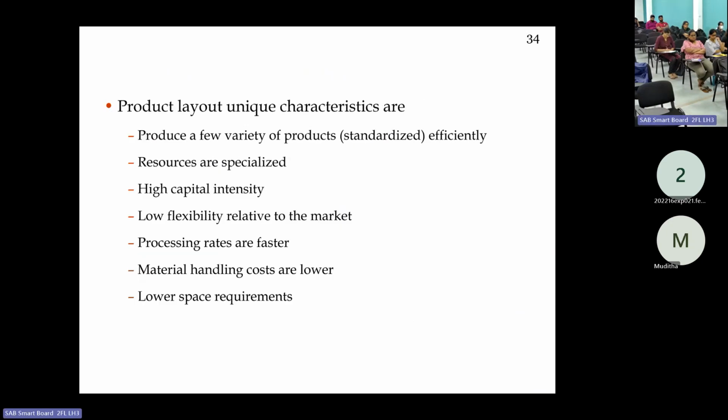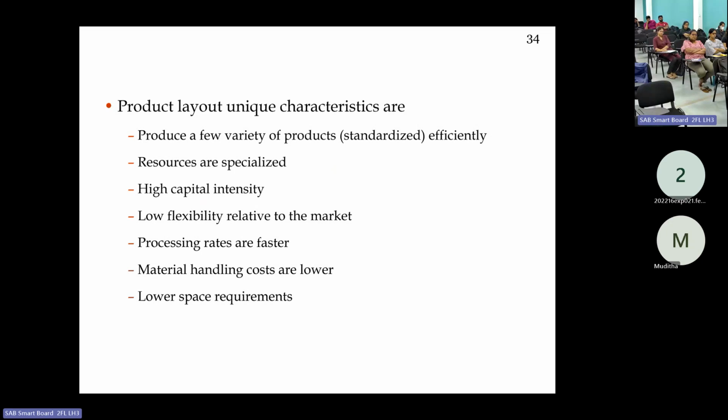So other characteristics of product layouts are given here. This can be used to produce standardized products, a few varieties of standardized products, efficiently. In the previous case, the resources are flexible, but here resources are specialized.